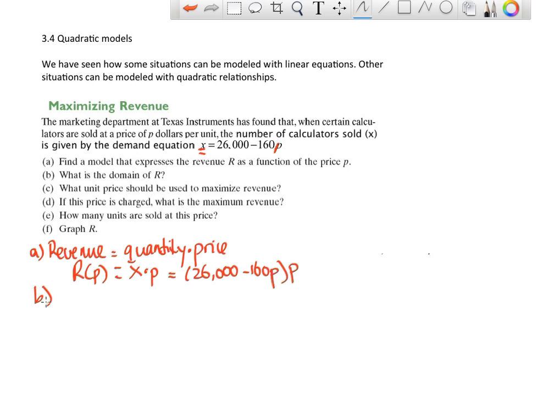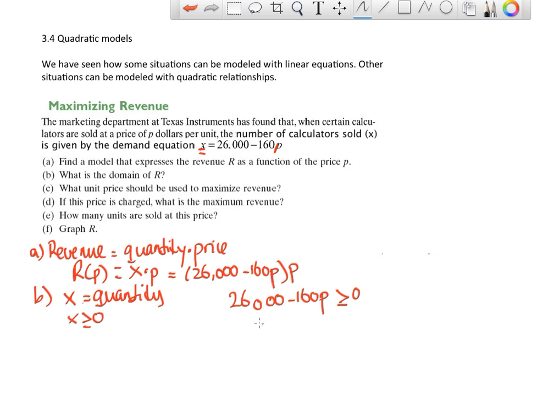B says, what is the domain of R? Well, the domain of R depends a little bit, obviously, on X, the quantity, and on the price. So the quantity, which is our X, has to be larger than or equal to 0. If that is true, then 26,000 minus 160P has to be larger than or equal to 0, because we know that X equals 26,000 minus 160P.